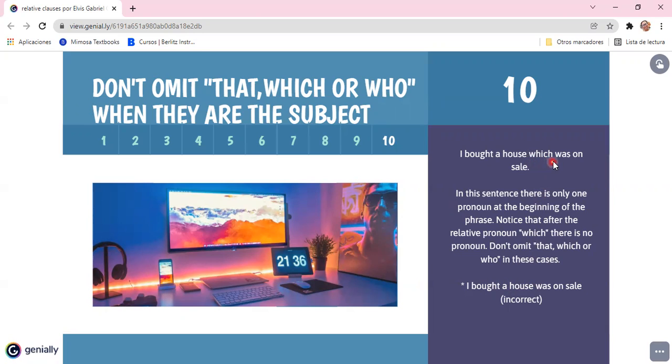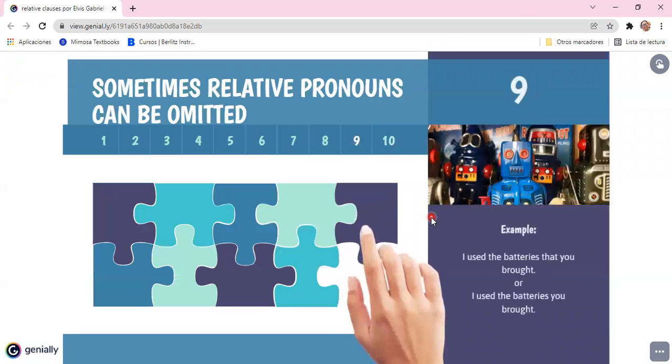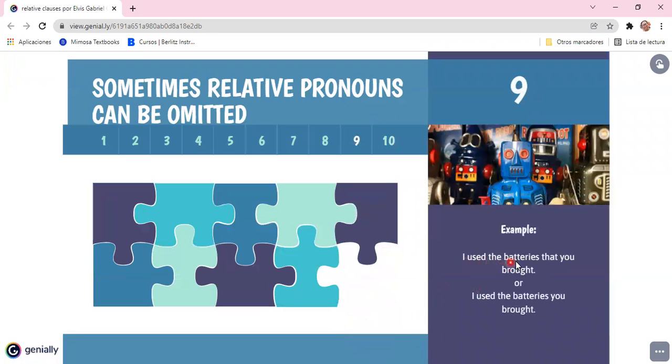Graphically, you can see that after which, there is no pronoun. You cannot see I, you, he, she, it, we, or they. Hence, you may not omit the relative pronoun. If we go back to example number 9, where we say, I used the batteries that you brought.